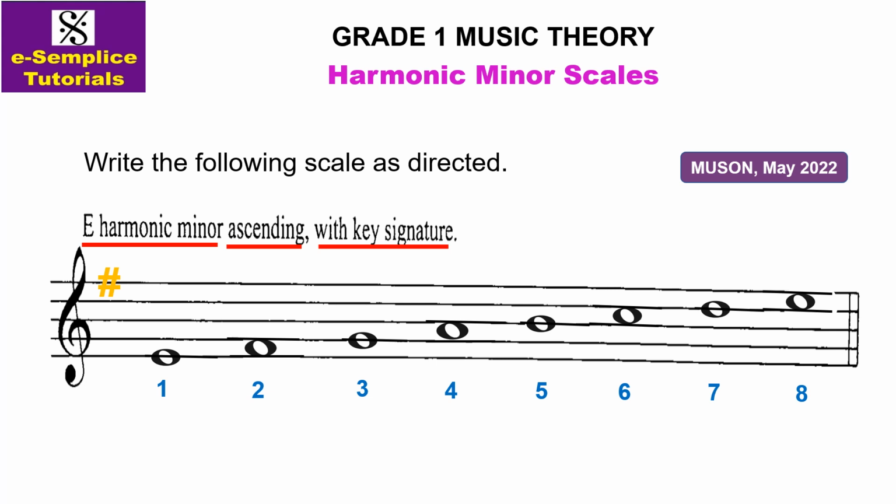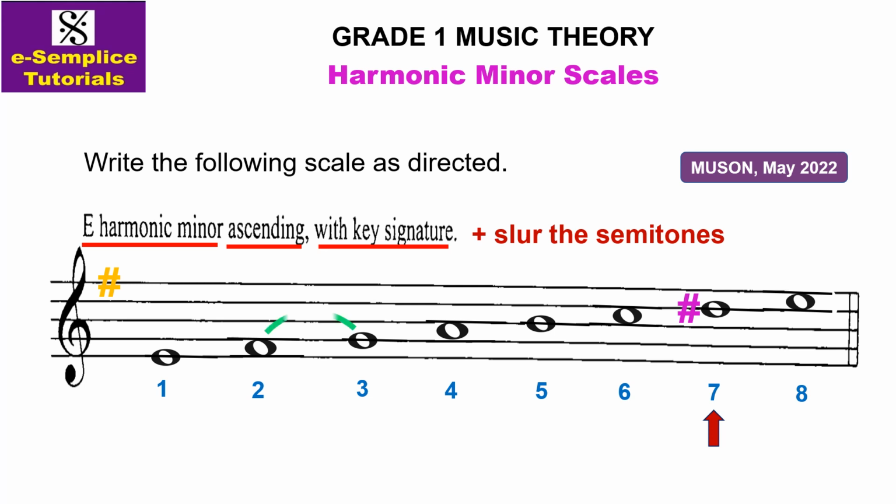Now, it is harmonic. Harmonic means raise the 7th degree by adding a sharp to it. Even though it is not part of the question, but let's assume you were asked to slur the semitones.